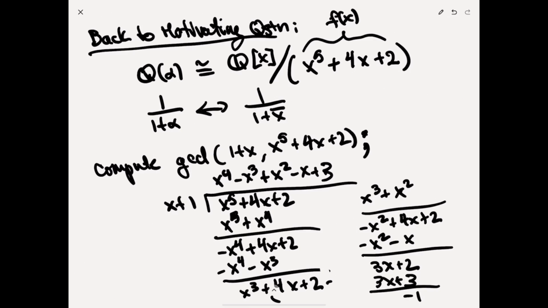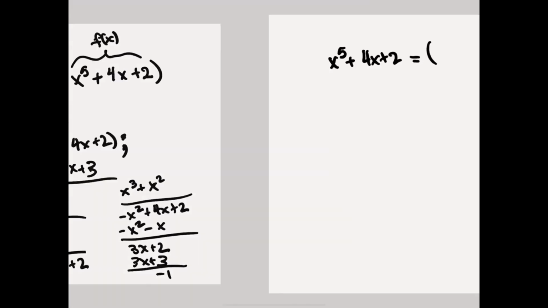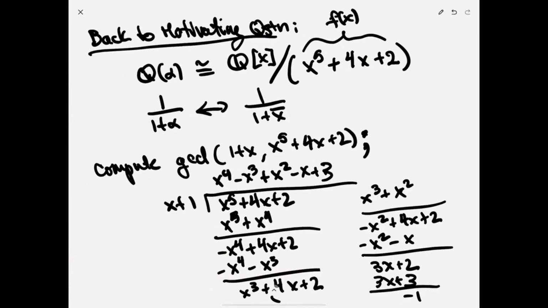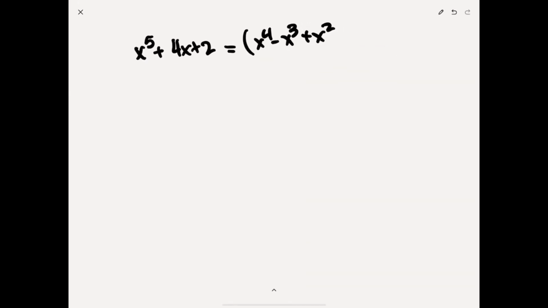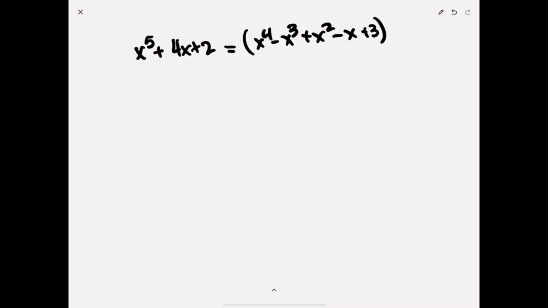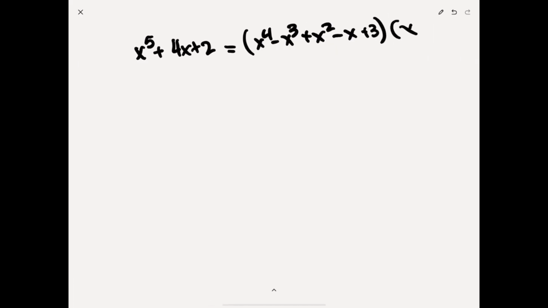So let's write this out. We had x to the fifth plus 4x plus 2, and this was equal to this quotient in the numerator: x to the fourth minus x cubed plus x squared minus x plus 3, times x plus 1.